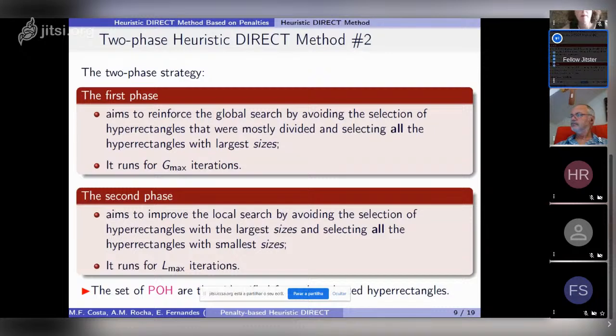The second phase is the opposite, it aims to improve the local search of direct by avoiding the selection of the hyperrectangles with the largest size and selecting all the hyperrectangles with smallest sizes. And this phase runs for Lmax iterations. The set of potentially optimal hyperrectangles are then identified from the selected hyperrectangles in these phases.